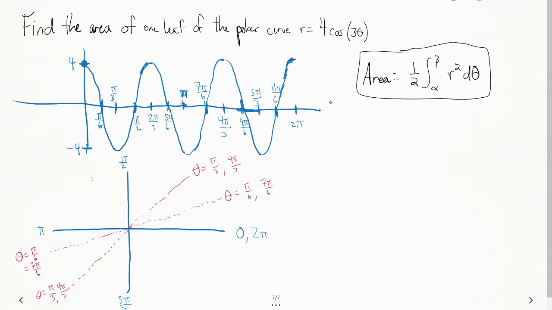So we'll assume we have, so if we take pi over 2 plus a pi over 6, I believe that's 2 pi over 3.